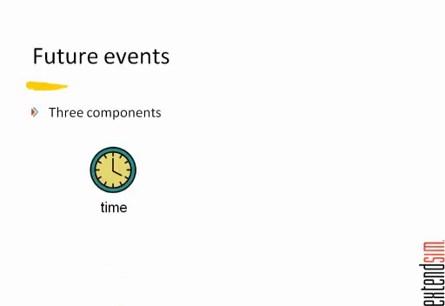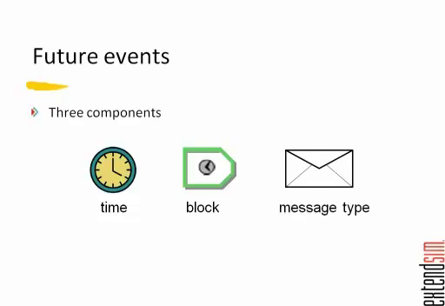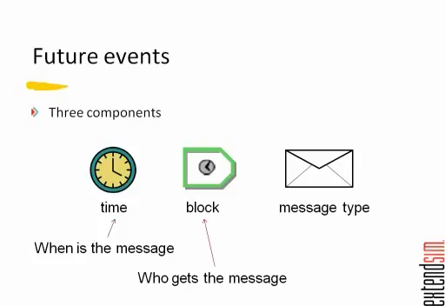The future events, there are three components. There's the time of the event, when will that event occur, the block that has that event. So you have to have a block to have a future event. And the message time. So what is this event for? So when is the message? Who gets the message?